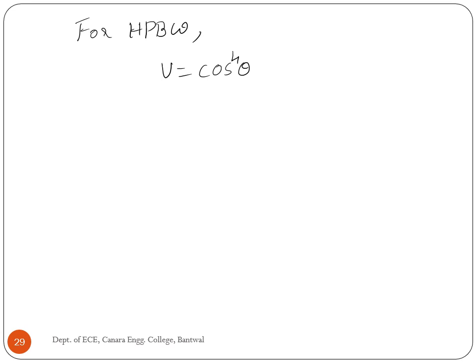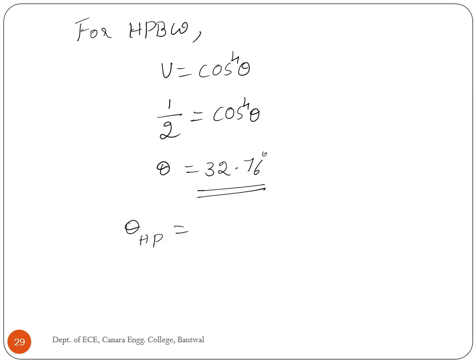We know that radiation intensity at half power beam width is half, which is equal to cos to the power 4 theta. Therefore, theta is equal to 32.76 degree. Therefore, half power beam width in theta plane is 2 theta, which is equal to 65.5 degree.